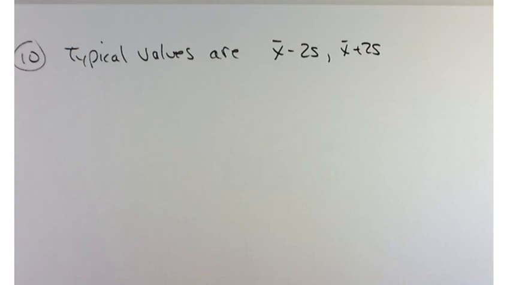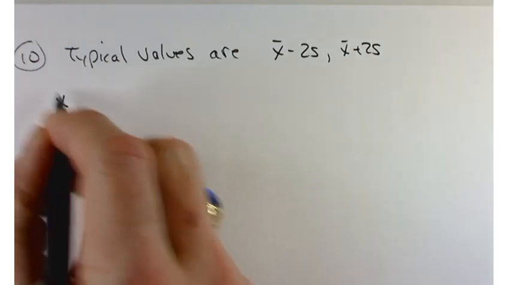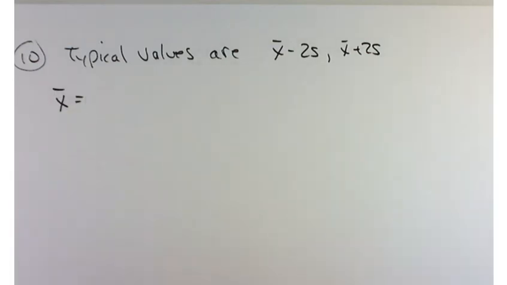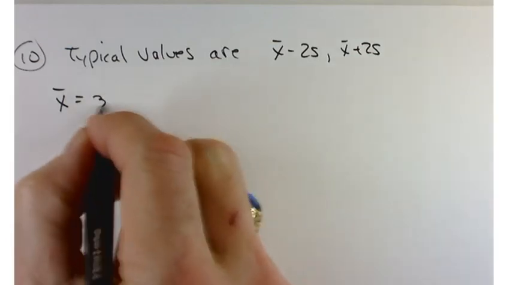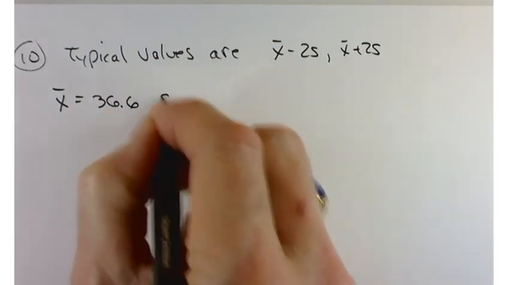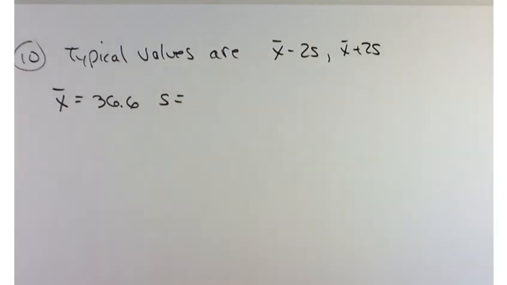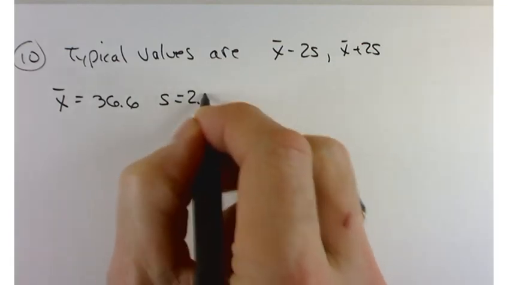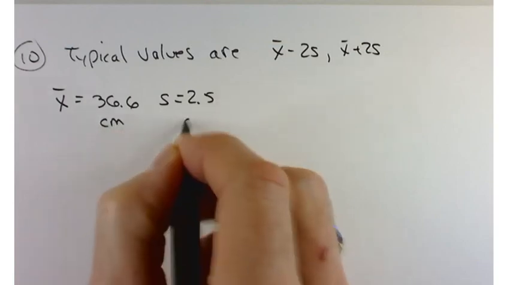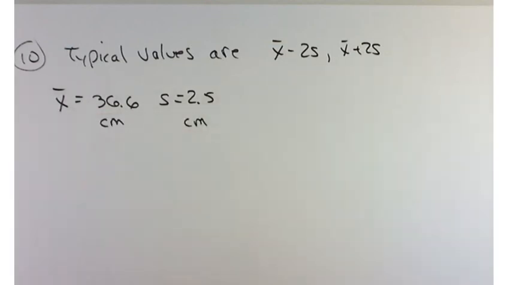That's your Greek letter for the population standard deviation. Well, they give us this information. X bar was 36.6 and S was 2.5. And we're going to assume those are both in centimeters because I don't think we're that big of a population.